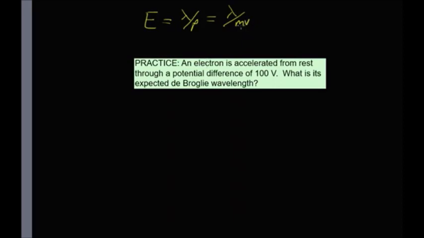We know the mass of an electron, and we know the energy that's given, because it's given to us in volts, and we can figure out the wavelength.